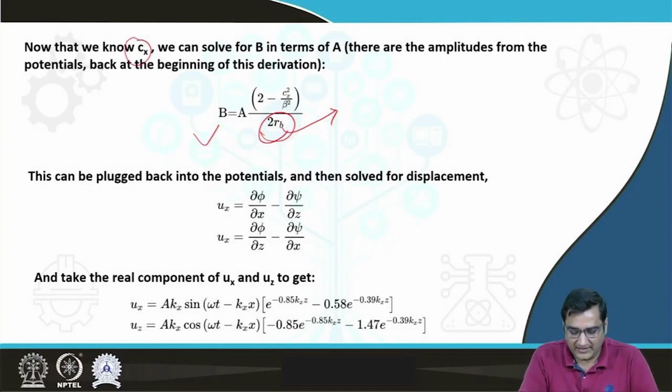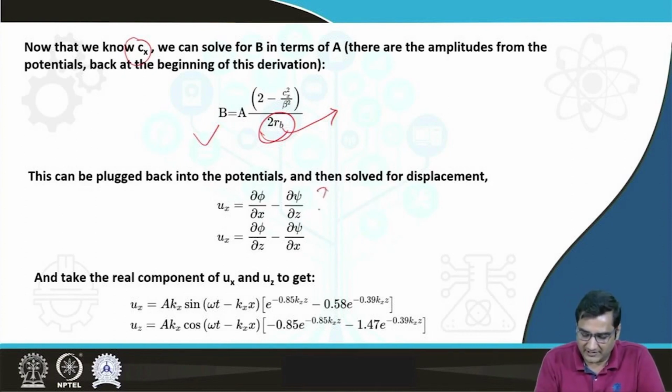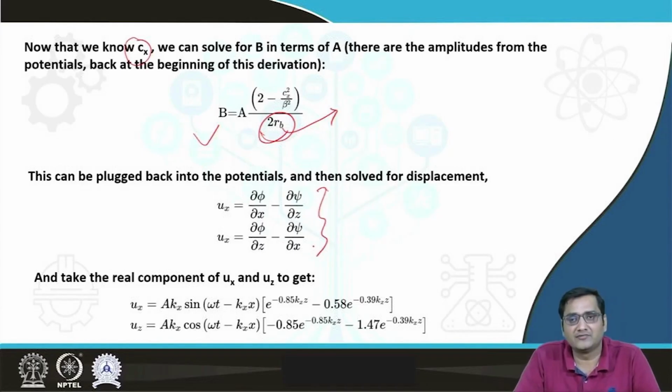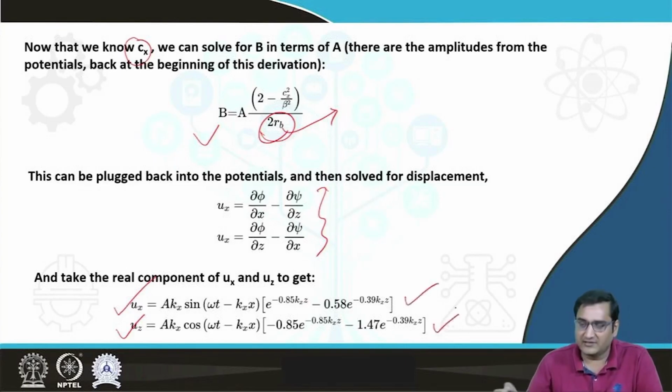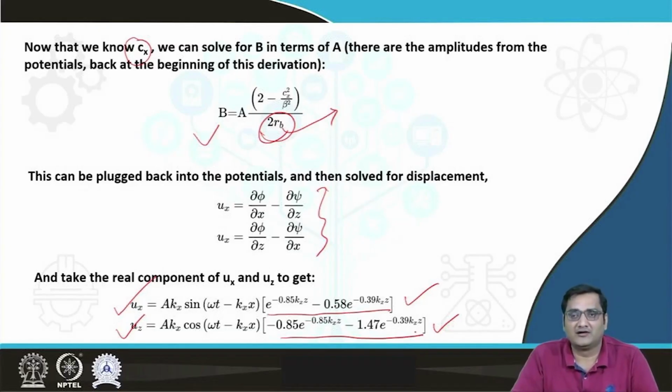When you plug that into the displacement equation in terms of the potentials, you can solve for the displacements ux and uz, and you will get the displacements like this. These are harmonic waves, and you can see they depend on exponential terms in depth.